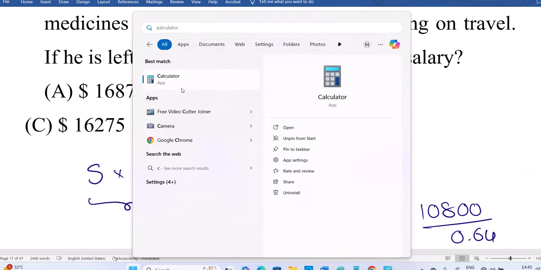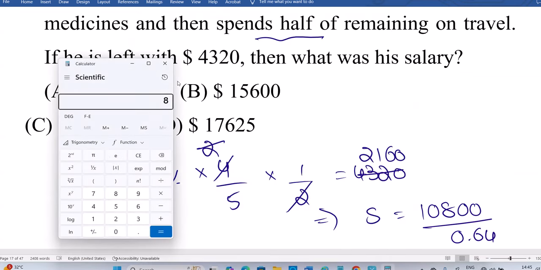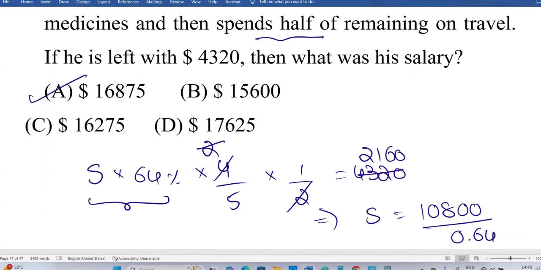Officially calculator is not allowed. So fine, you got 16,875. My memory is working clearly. Option A, 16,875.